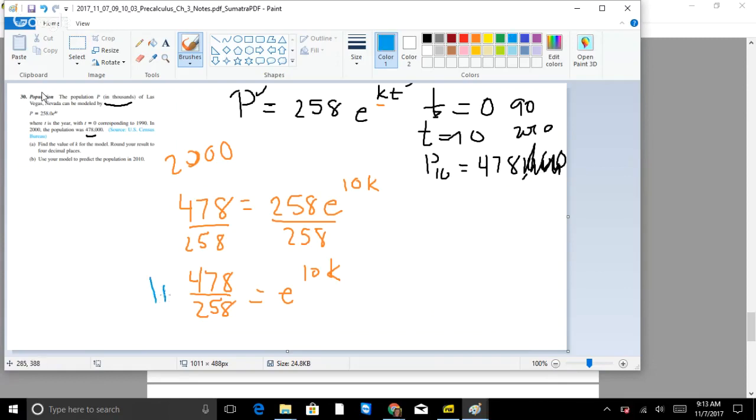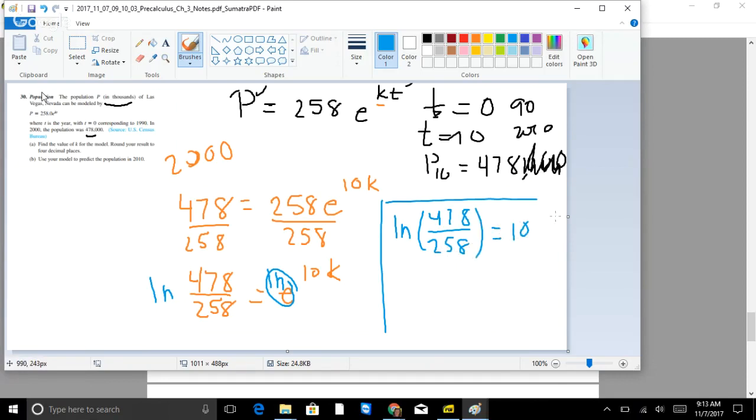I'm going to take the natural log of both sides, and since these are inverses of each other, they cancel out. I end up with an equation that says the natural log of 478 over 258 equals 10 times k. I'm going to divide both sides by 10, and when I calculate this, I'm going to come up with my constant k.